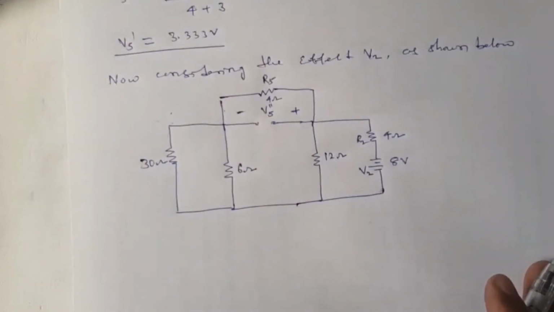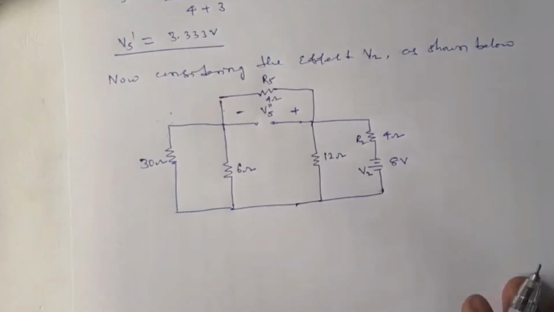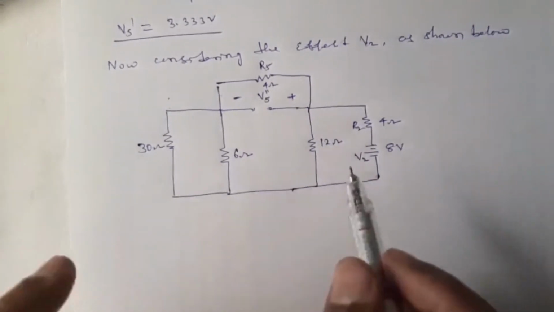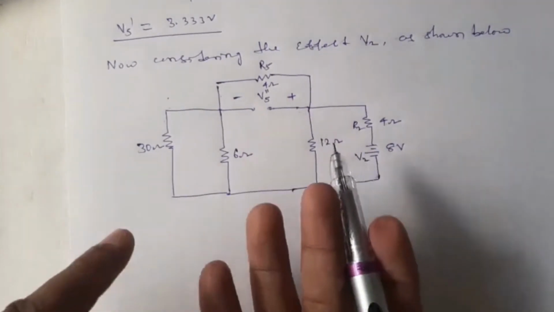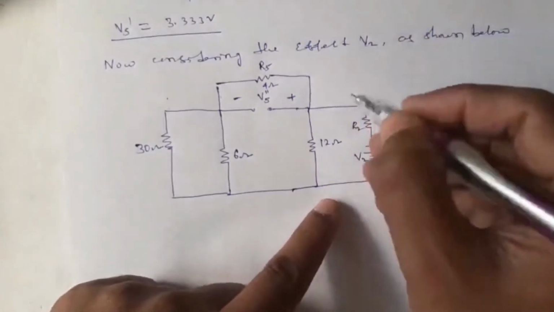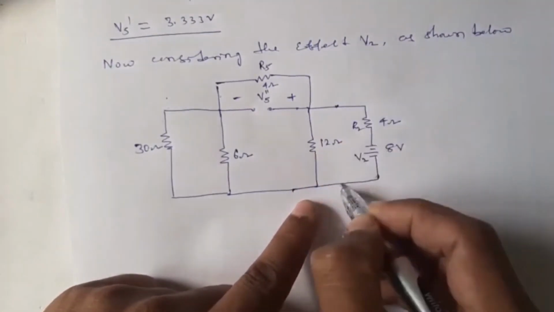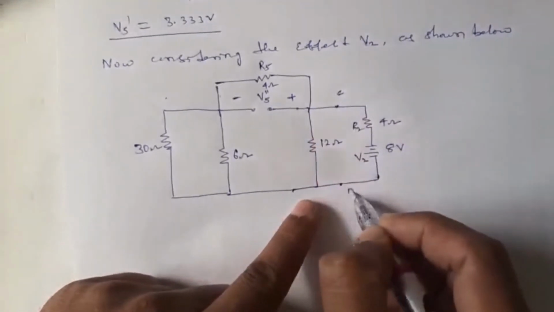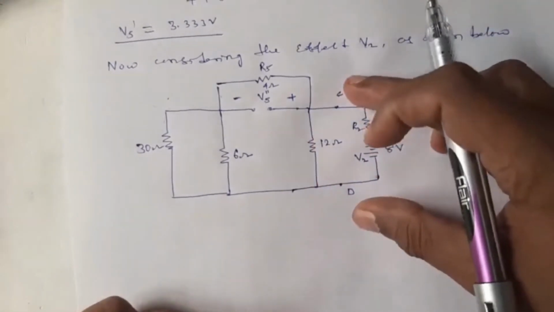Let us consider some RCD. I'm going to find a voltage across these two, which I'll call CD. I'll consider this as C and D. I'm going to find a voltage across RCD.